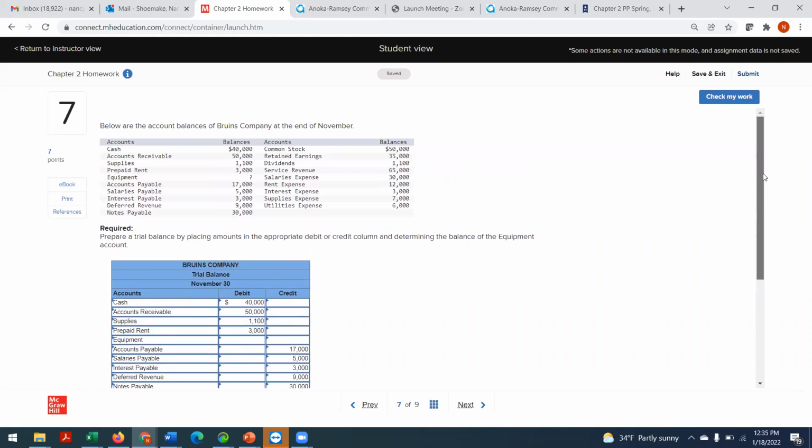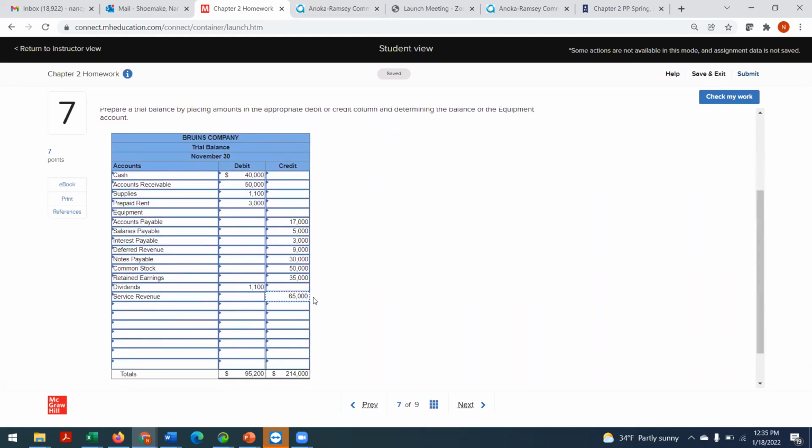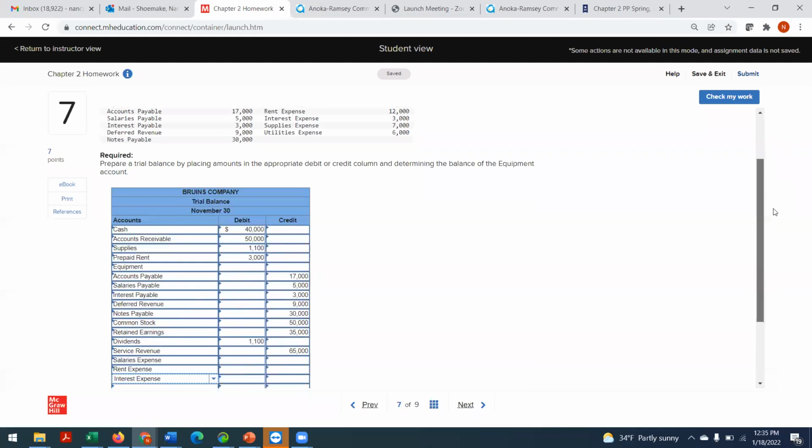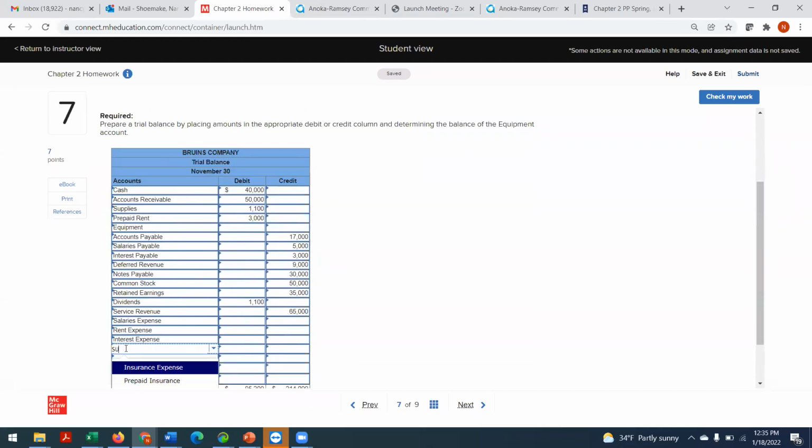We've got salaries expense, rent expense, interest expense, supplies expense, utilities expense.